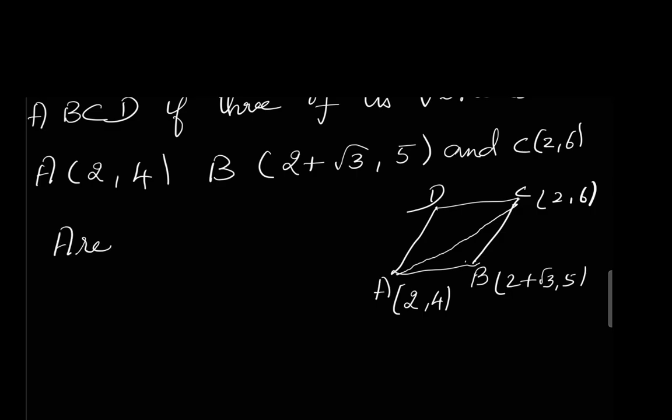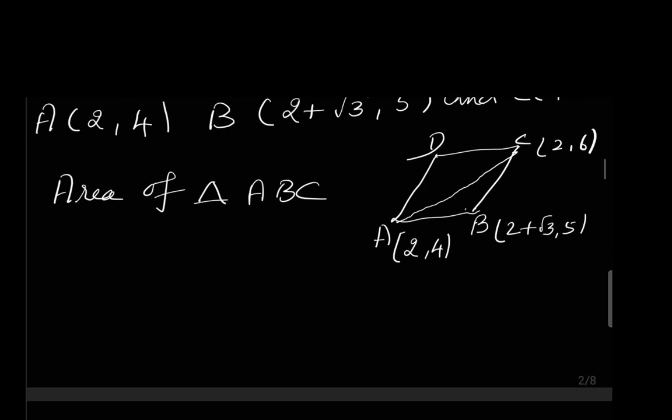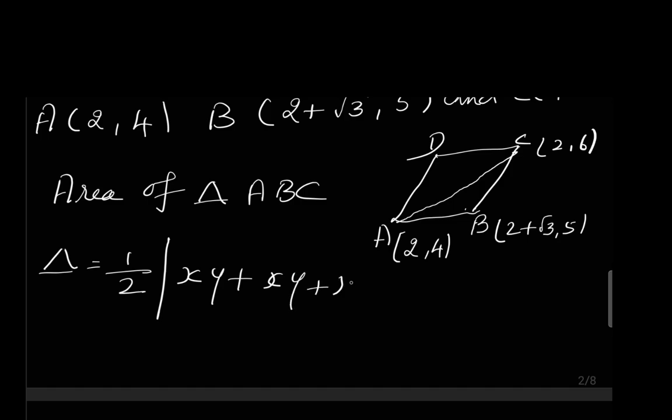Area of triangle ABC is half times the determinant formula: x1y2 plus x2y3 plus x3y1 minus x2y1 plus x3y2 plus x1y3. Already I mentioned this formula.